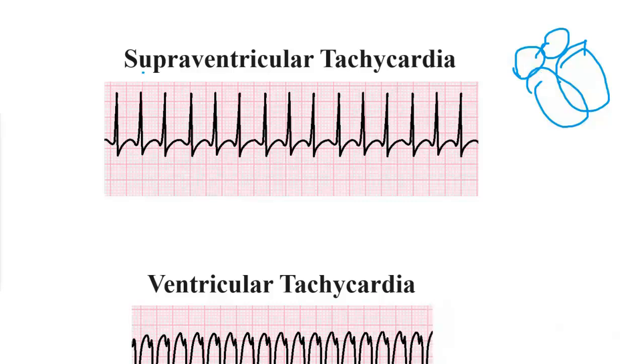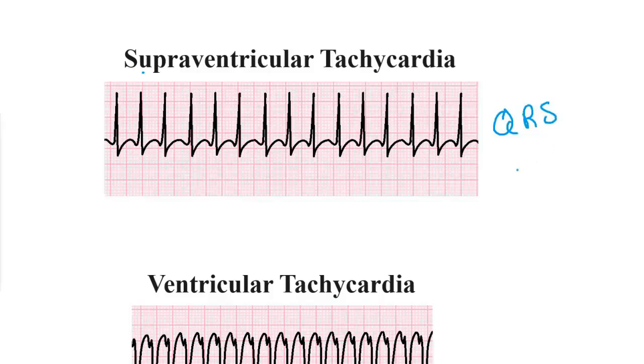So the source of depolarization of the ventricle in these patients is above the ventricle, presenting with a fast heart rate. And one important feature in these patients is that the QRS interval is less than 80 milliseconds. So the QRS interval is pretty narrow, less than 80 milliseconds.